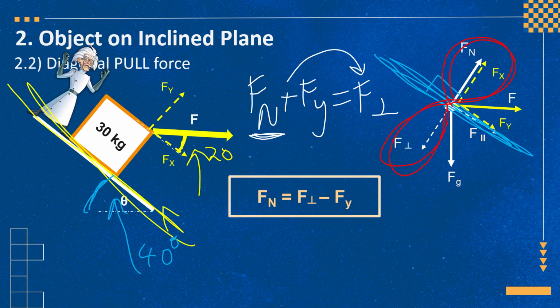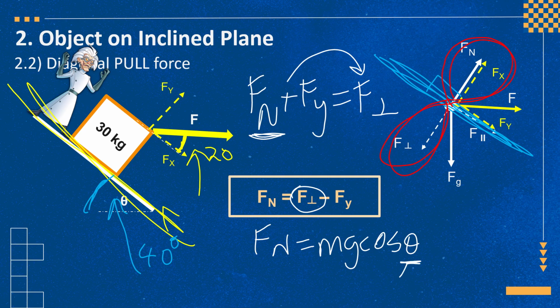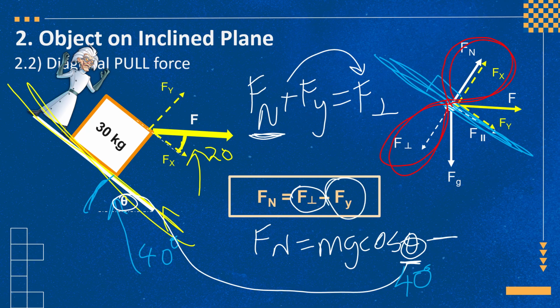How will we substitute those two different angles into our formula? Okay, let's try. So you will write Fn equals, now F perpendicular is mg cos theta. But remember, F perpendicular is relative to the surface. So that theta there, that is where you will substitute the 40. And then you will have minus Fy.